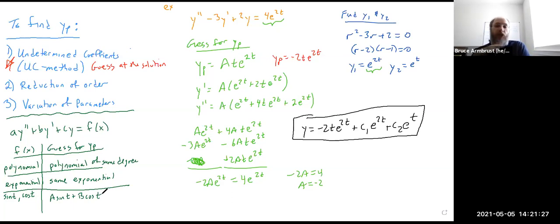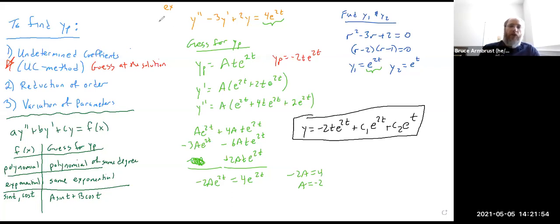So even if just sine shows up or just cosine shows up, you still want to make a guess that has both of them. That should totally make sense, because when we differentiate, sine leads to cosine leads to sine, cosine leads to sine leads to cosine, they get all mixed up. So we need to allow for those possibilities as well.